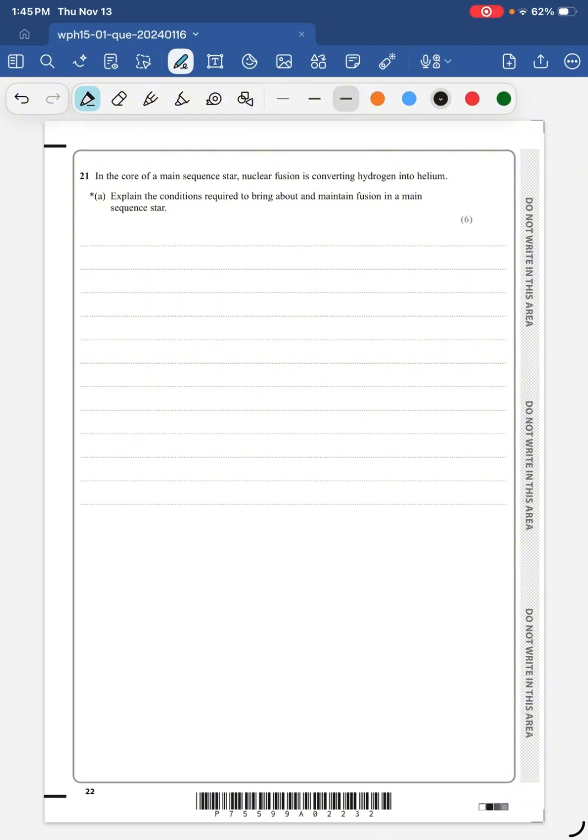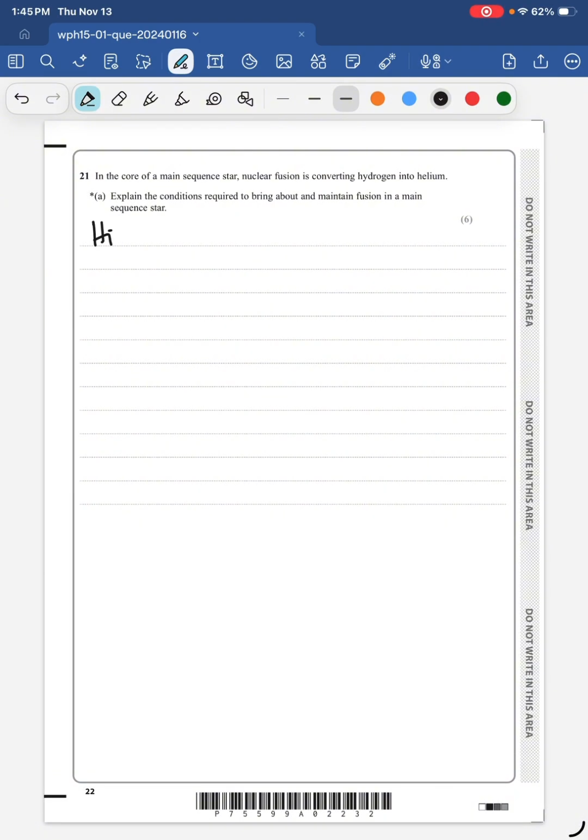Okay. The first is a long writing problem. In the core of a main sequence star, nuclear fusion is converting hydrogen into helium. Explain the conditions required to bring about and maintain fusion in a main sequence star. Okay, so I'm gonna do this telegraphically.